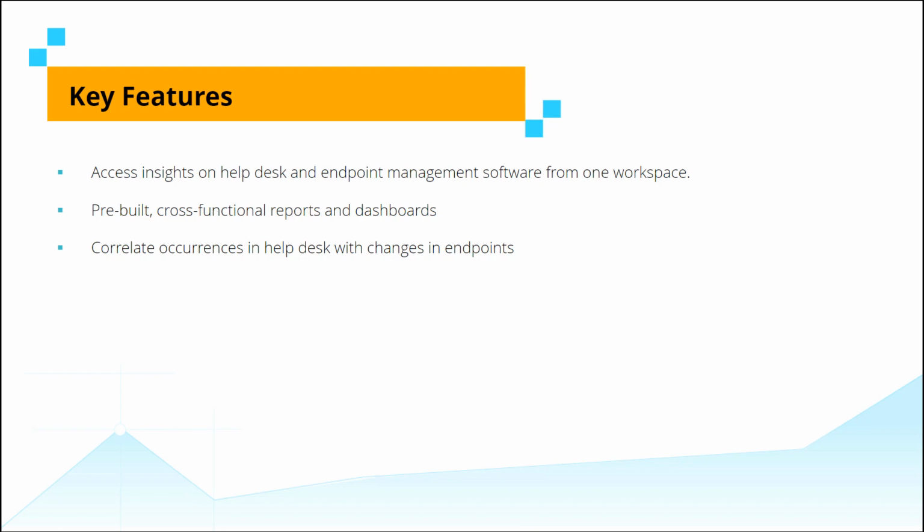Service Desk Plus users can configure and access blended analytics within minutes from their workspace in Analytics Plus. By configuring blended analytics between Service Desk Plus and Desktop Central, you can access a unified end-to-end view of your IT and correlate occurrences in your help desk, such as spikes and incidents, with the deployment of patches, and so much more.